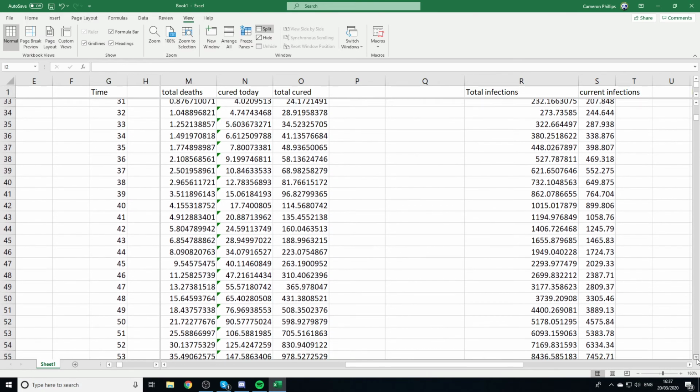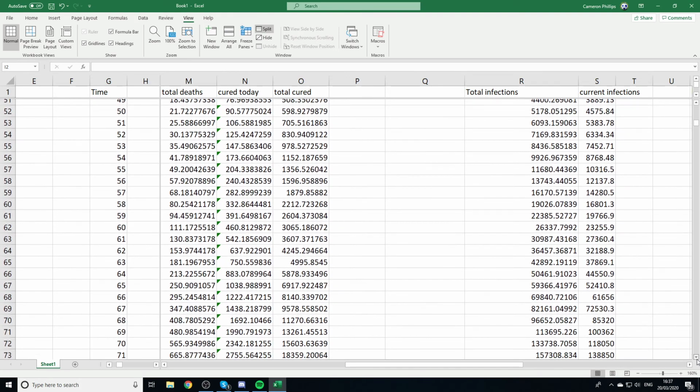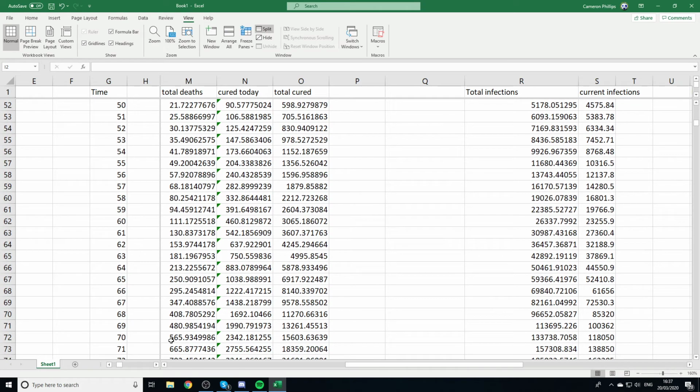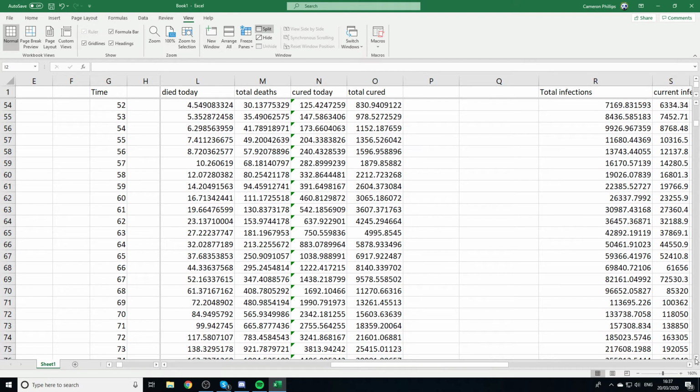Let's go down to day 70, which is not long away. It shows you how quickly these things are going to happen. 568 deaths. Died today, 84. Now let's go down to where Italy are. I think they've got about 3,000 deaths. Day 72. 100 died today, 138 tomorrow.